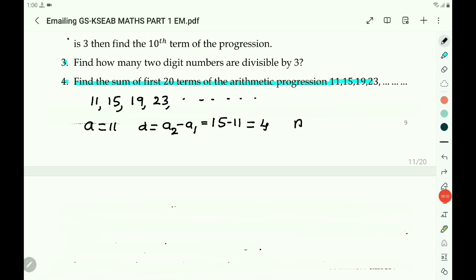Here we have to find the sum of the first 20 terms. Therefore, n equals 20, and Sn equals question mark.